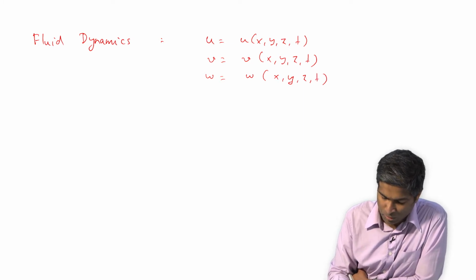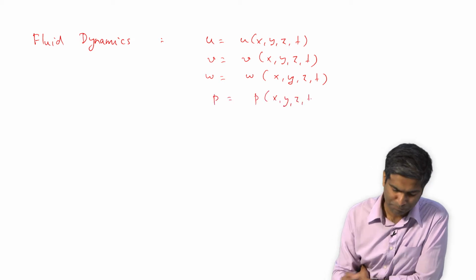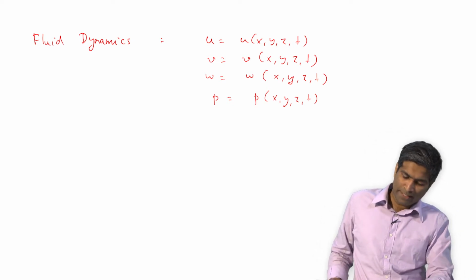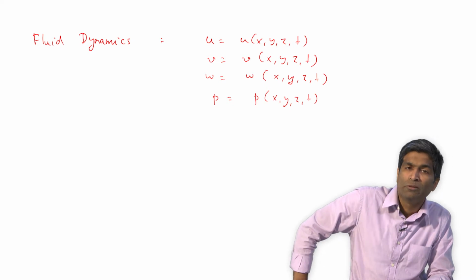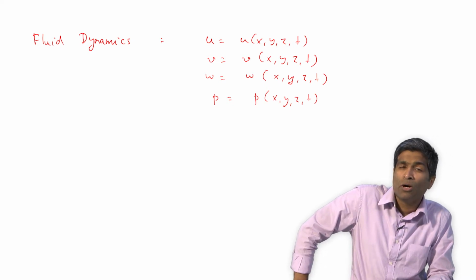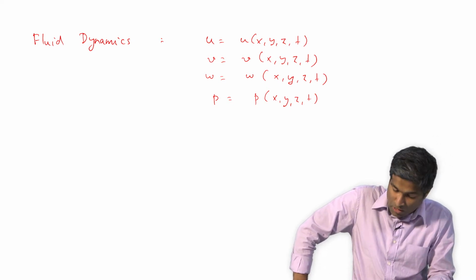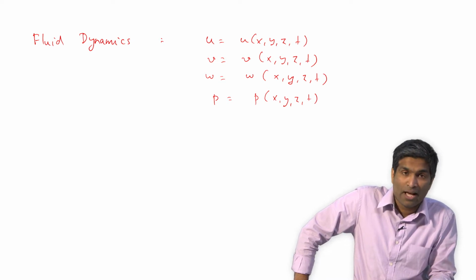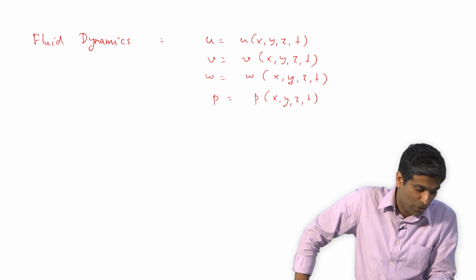There's nothing gained by going 3D as opposed to 2D, and of course the pressure remains a function of space and time. So we want to get an equation that governs fluid motion in terms of this velocity field, and the only recourse we have, as in any mechanics course, is Newton's law.